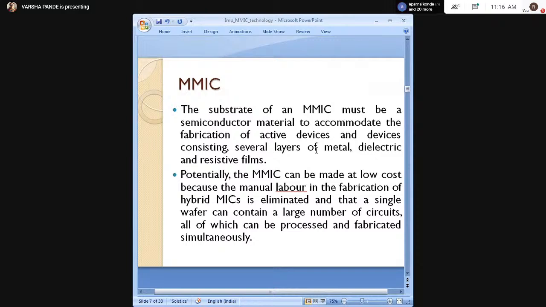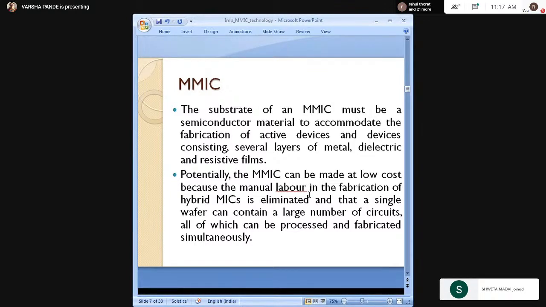That semiconductor material may be silicon, a silicon germanium combination, gallium arsenide, or quartz. These different types of substrate materials are available. Depending upon the characteristics and our requirement, we have to select one of the semiconducting materials as the substrate material.